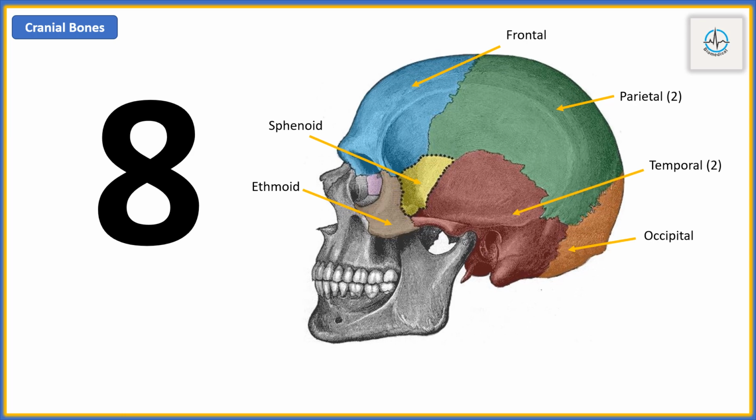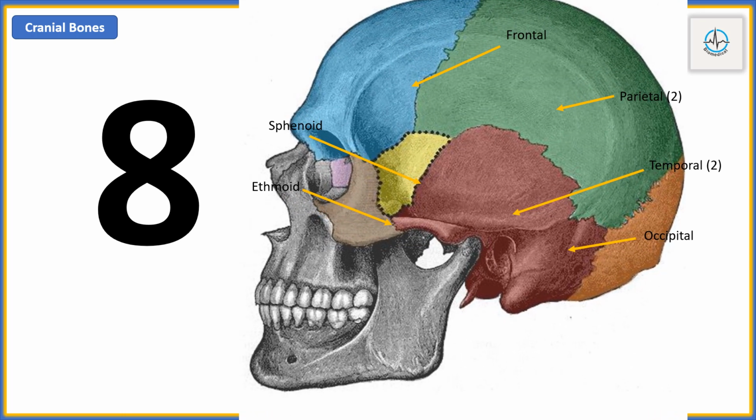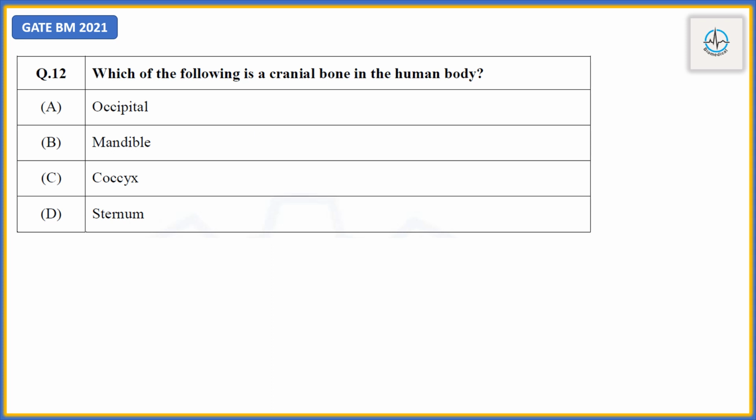So out of these, if you check the options, only occipital is available as a valid answer. So we'll choose A as the correct answer. And if we see the other options, mandible belongs to the jaw portion, coccyx belongs to the tail of the spinal cord, and sternum is the chest bone.